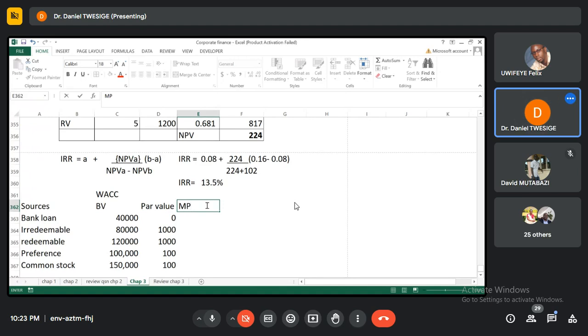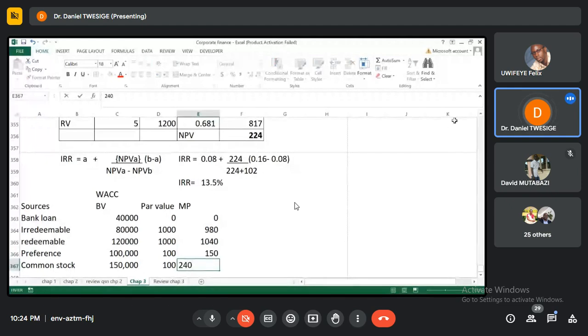Now, what is the market value? The market price. This one has no market price. Irredeemable was 980. This one is selling at 1040. Preference was selling at 150, I think.